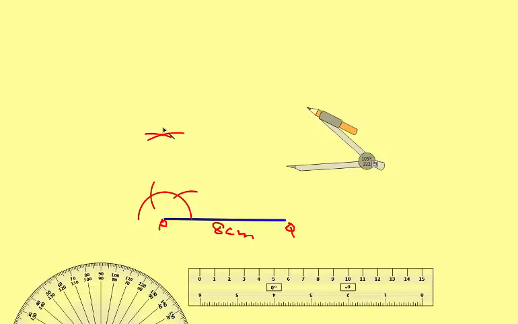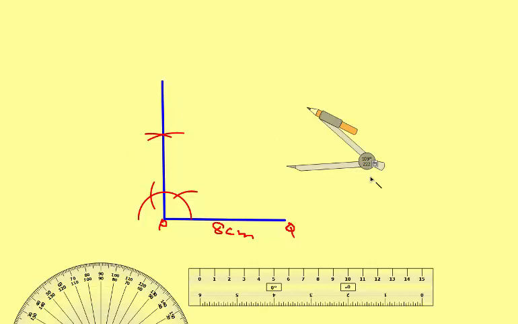You pick your ruler and then you draw a straight line through that point. Though you don't even need the 90 because we are constructing angle 45, but you need the 90 in order to construct 45.